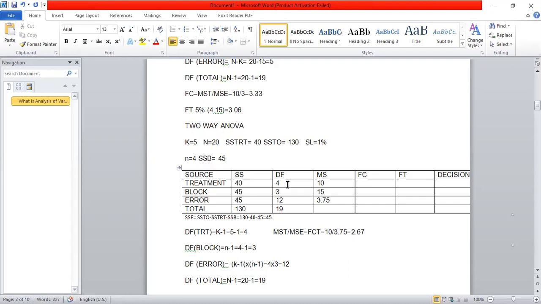So we put it here. 2.67. How about here? How do we get the F calculated for the block? MS block over what? The mean square error.